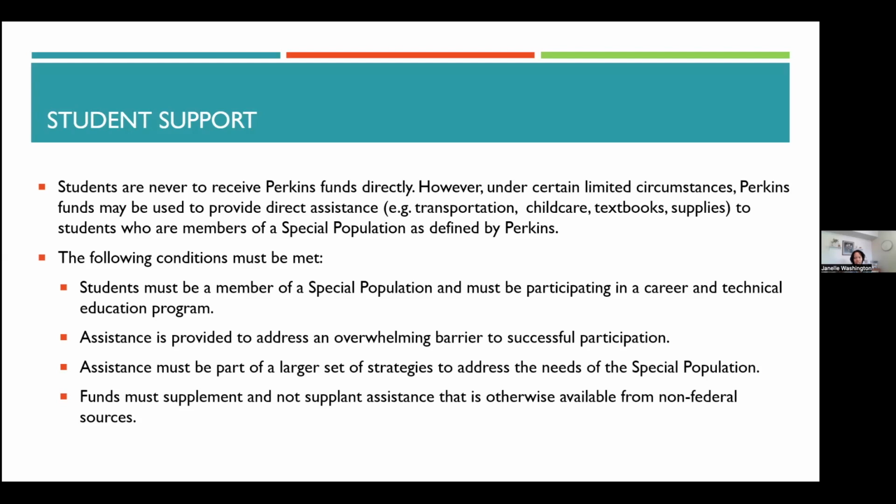And then also we want to make sure that the assistance is part of a larger set of strategies to address the needs of special populations. We'll see it year after year that this is included, but like, is there another way that we can make sure that we're more holistically supporting students? And then finally, funds must supplement and not supplant assistance. And we'll talk about that here shortly.